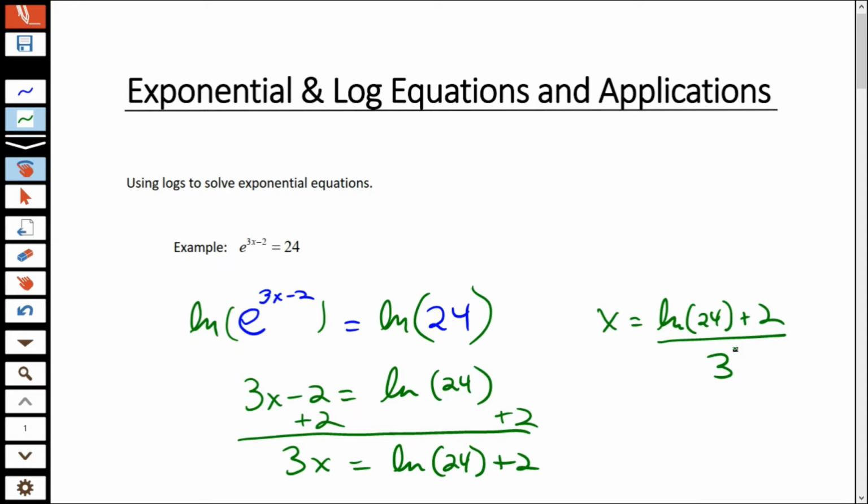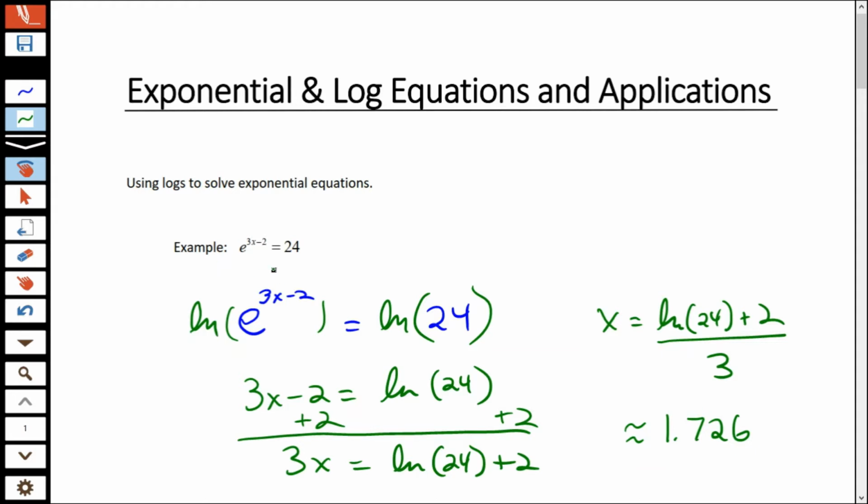And using a calculator to figure out the value, if this was an online homework assignment, you could honestly just type it in like that, or you can use your own calculator to see that this value is approximately 1.726. It's actually a decimal that keeps going on and on. All right, so that is an exponent that when you plug it into that original expression should work.